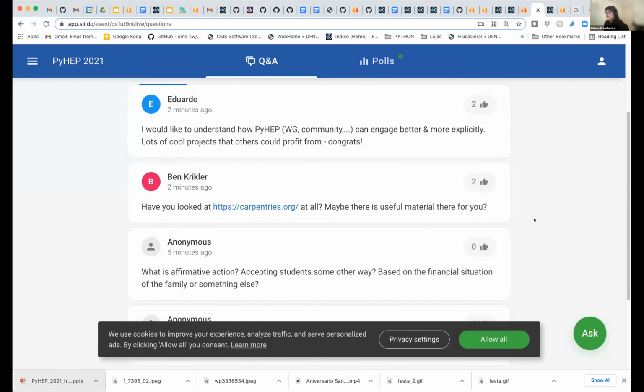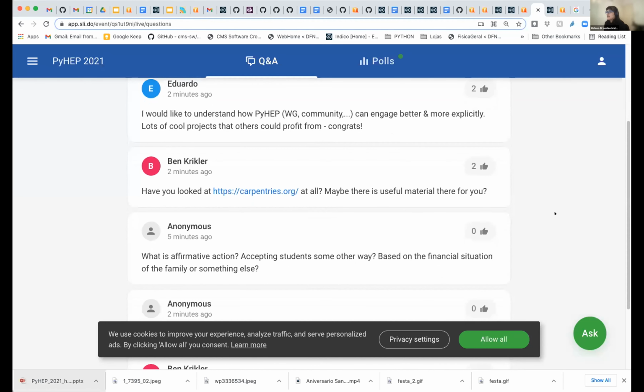I'd like to understand how PyHEP can engage better and more explicitly. Yes, so for example, when we have this Python GUI package, it would be nice to have it running on servers on other universities, if that's possible. I let my contacts there, we can also think of ways of collaborating on different topics and projects.